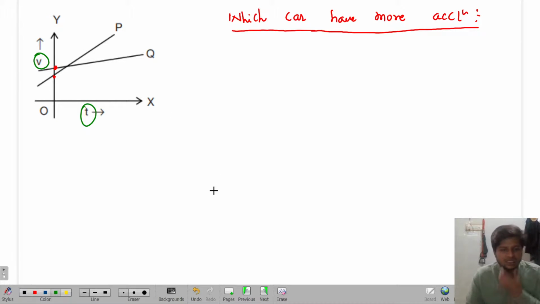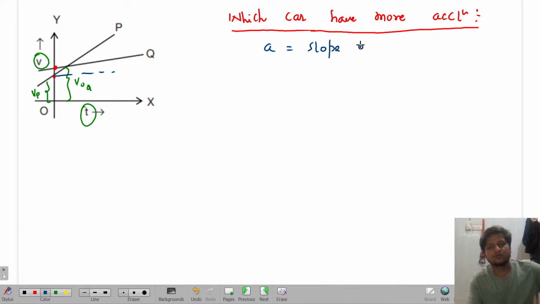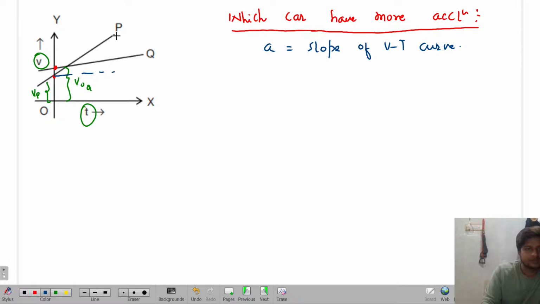Now try to understand. See, car P has this initial velocity, v naught P. Car Q has this bigger initial velocity, v naught Q. But when you draw the right angle triangle, which car has more acceleration? If you have a velocity time graph, acceleration is nothing but the slope of the VT curve. First try to draw the triangle.